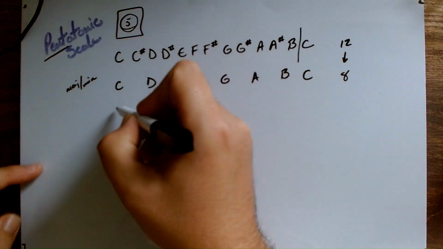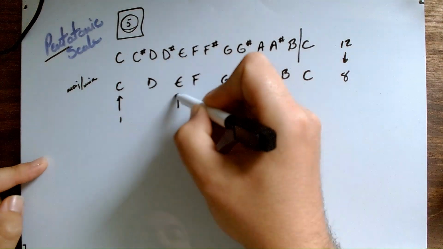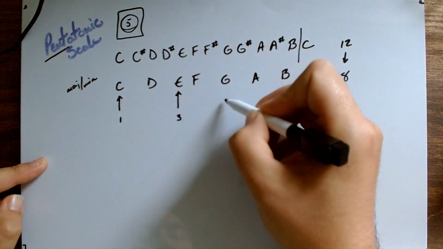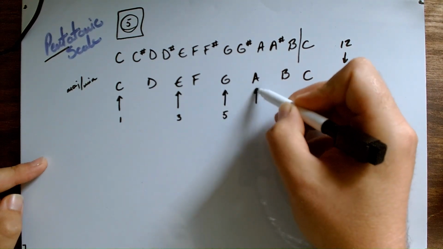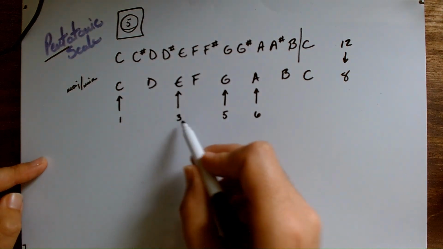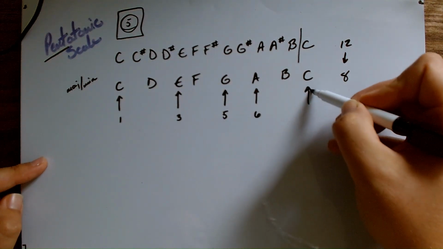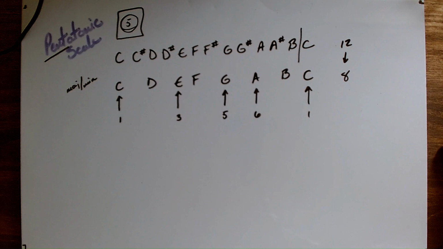The formula we're looking for is the first, the third, the fifth, and the sixth. 1, 2, 3, 4 notes, and then you go back to home base. So 1, 3, 5, 6 is pretty well where our voices and our melody lines gravitate when we play this kind of music.